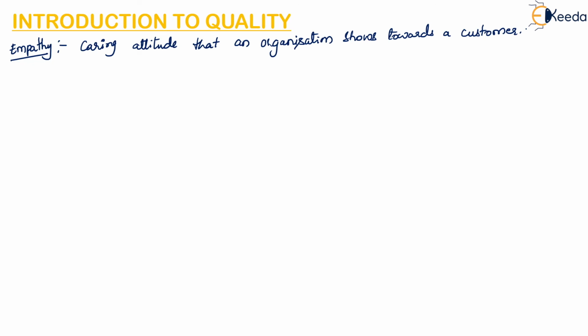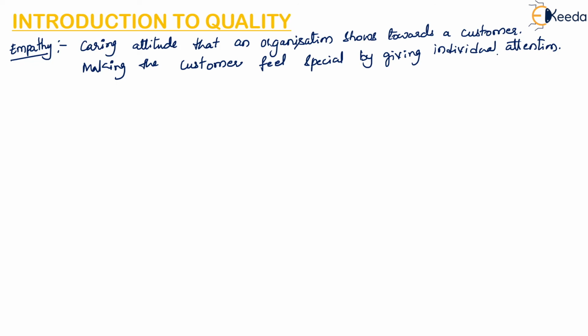So this dimension of service quality calls for individual attention to the customer so as to make them feel special. So here, making the customers feel special by giving individual attention. So this is all about the introduction to quality and the dimensions of quality.